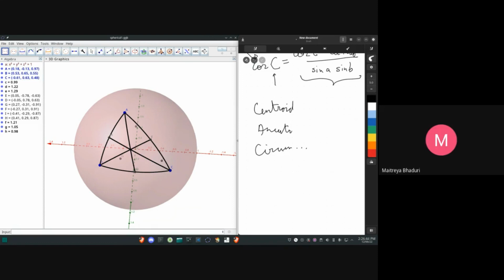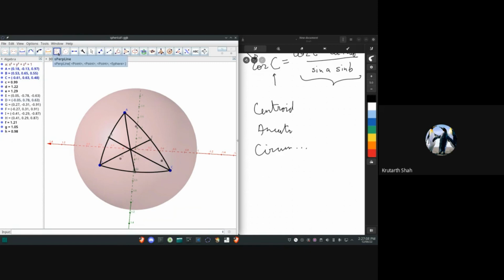Circumcenter is obvious, I guess, because 3 points are always coplanar. But the center has to lie on the sphere, right? And the distance is different. So basically, you have the perpendicular bisector. The perpendicular bisector is a circle. It's not a line. So you get weird stuff.